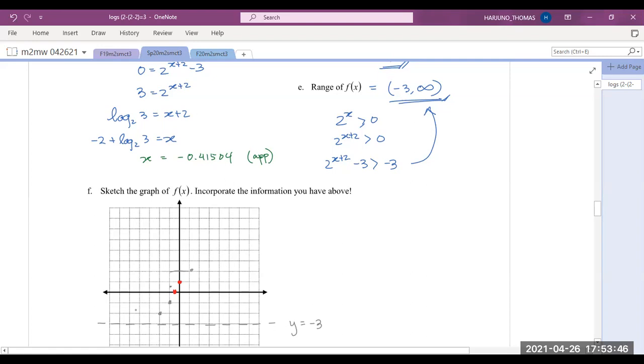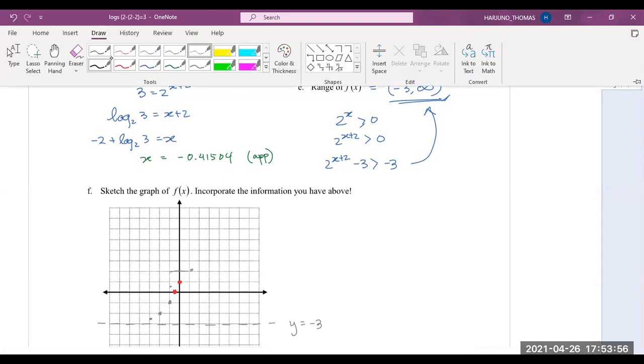Hold on, this is exponential. So no, this one should be this one, 2 to the left and then 3 down, so it should be here. I almost referred to the wrong coordinate.